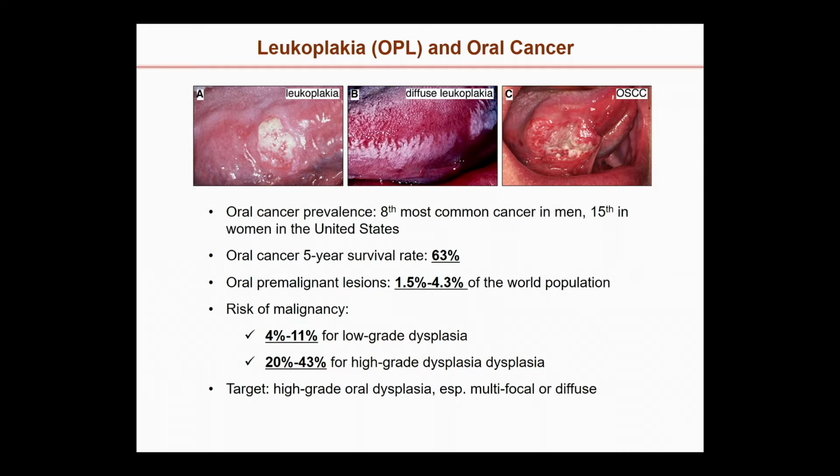The silver lining behind the oral cancer is that it is visible from outside. It almost always develops from precancerous lesion, and those precancerous lesions are visible from outside. It's often detected by dentists during the regular dental exam.